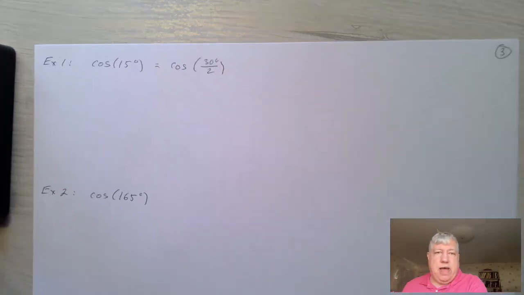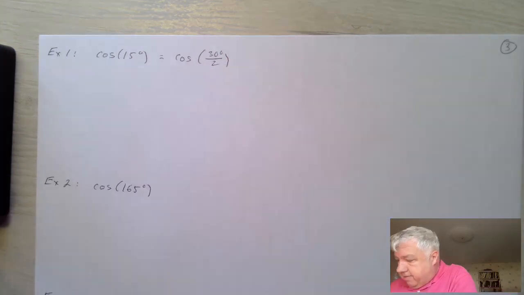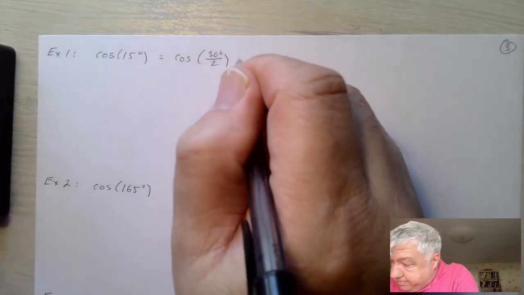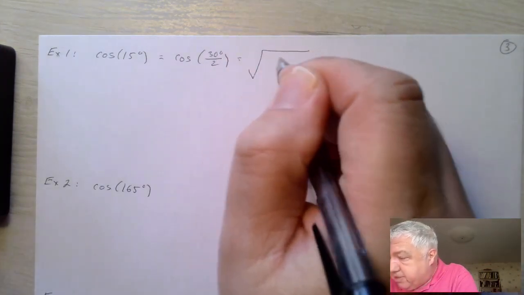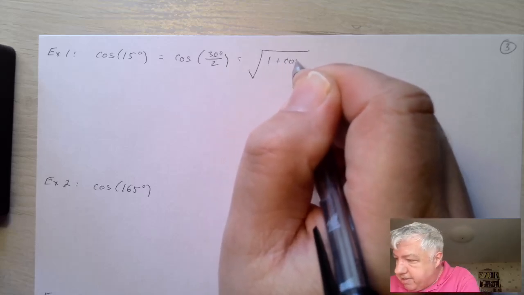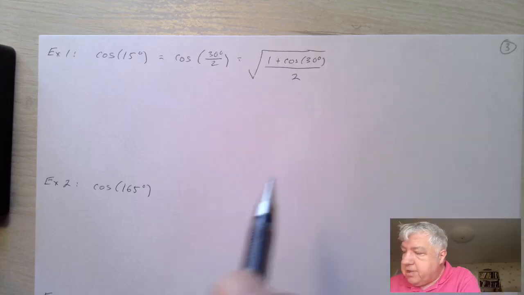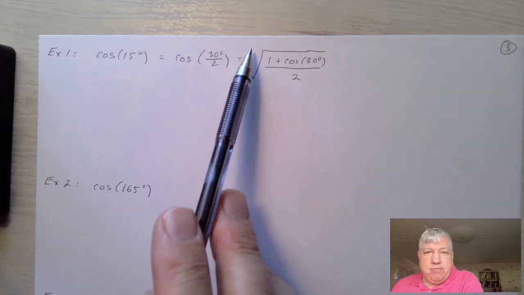Okay, and we know what the trig values of 30 are, right? So this is going to be, according to the formulas that we did, plus or minus the square root of (1 plus the cosine of 30 degrees) divided by 2.